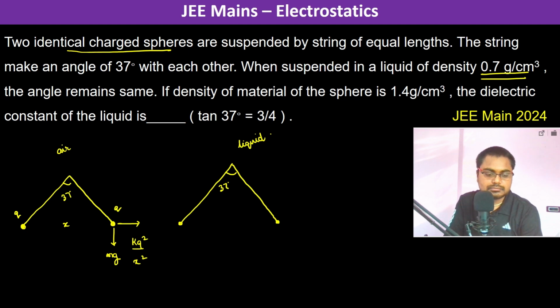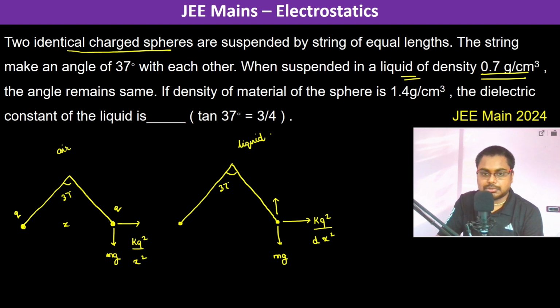In the liquid, it's mg this side, kq square divided by d x square, where the distance is the same x but there is a dielectric constant d, and there is also an upthrust due to the liquid.